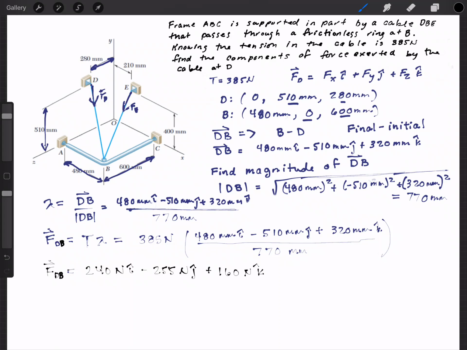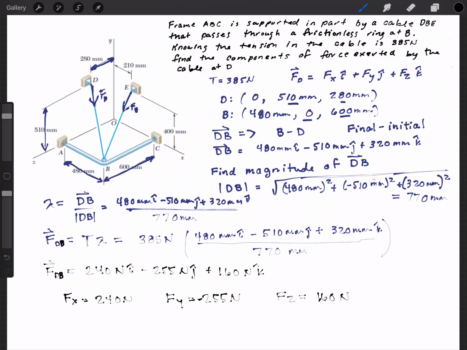And this is what they asked for, actually. They asked us to find the components of the force. So Fx is going to be 240 newtons. Fy is going to be negative 255 newtons. And Fz is going to be 160 newtons.